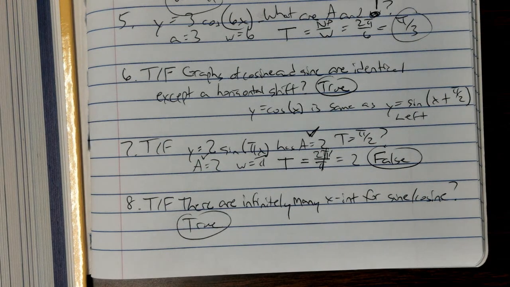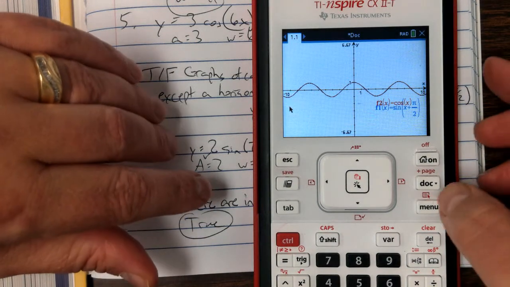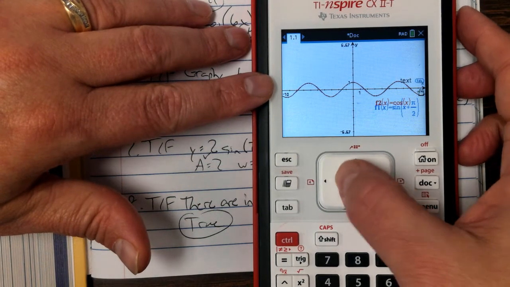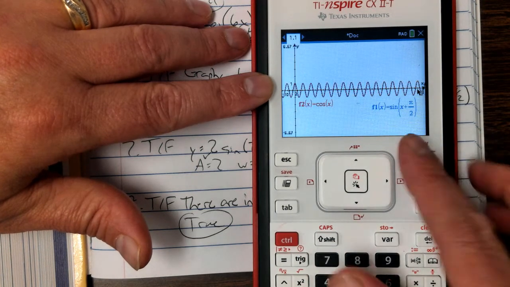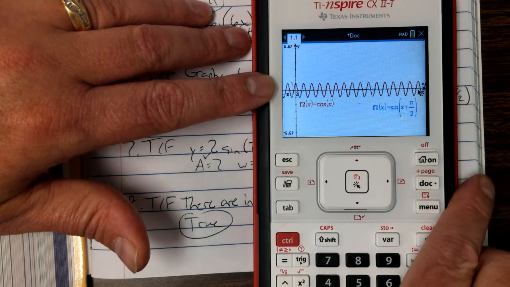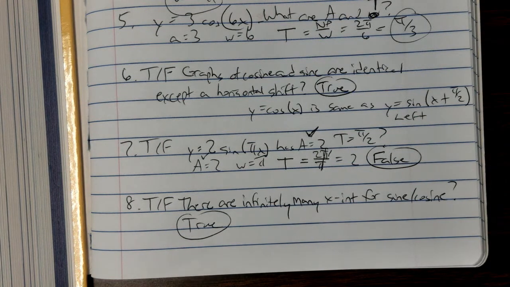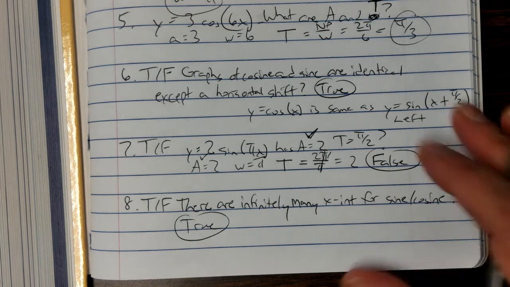What we see is if you zoom out or just change your window, like by clicking here, change it from 10 to 100, you have even more x-intercepts, and so that's an infinite number. So that's number 8.